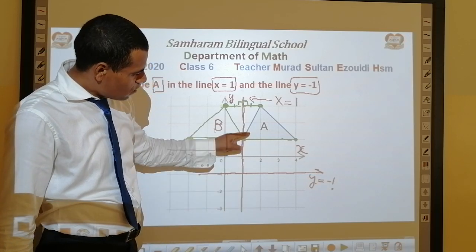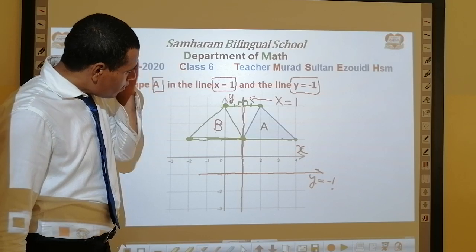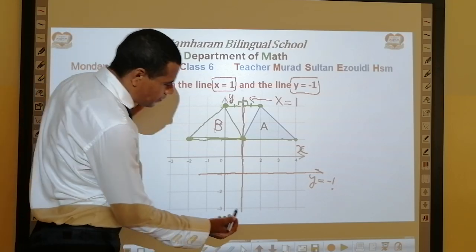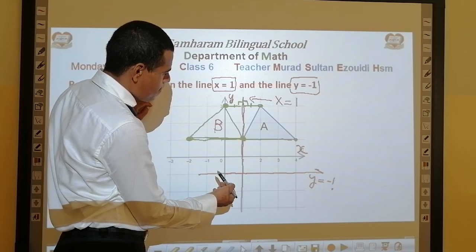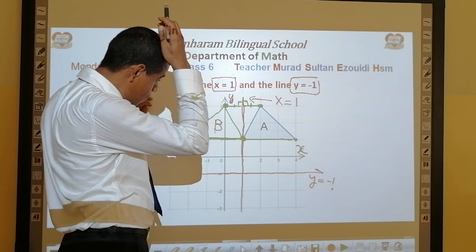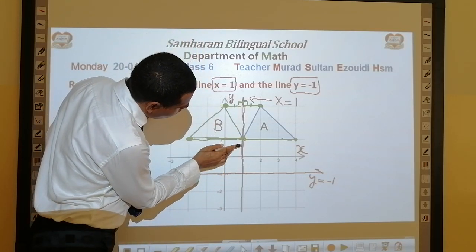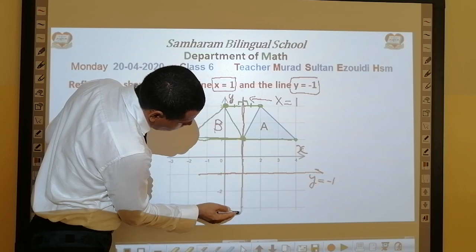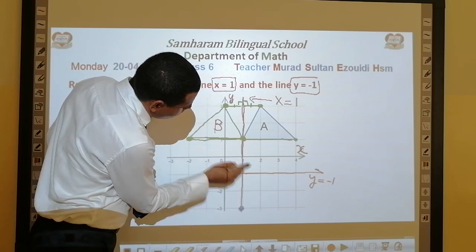So here you are going to reflect the shape in the line, so it will be 1, 2, 3. So how can we do it here? Look, this is the mirror line.